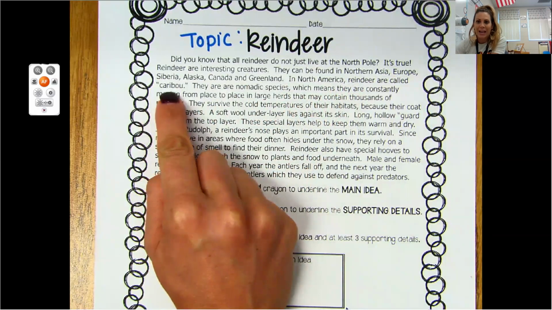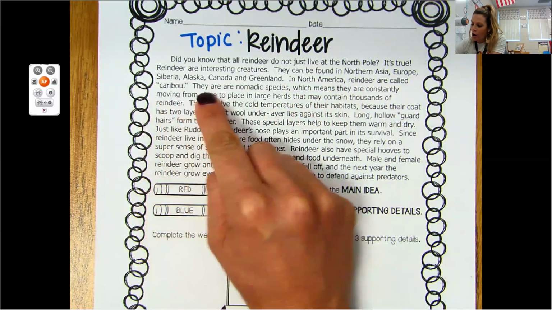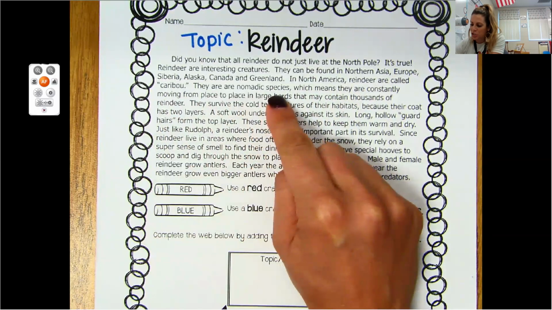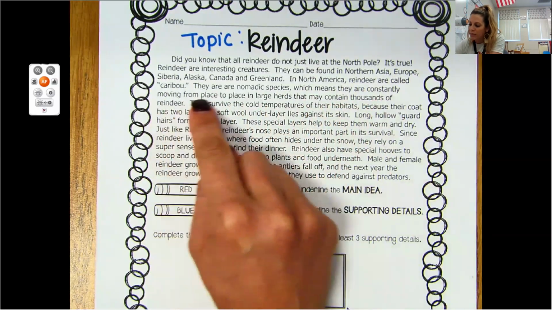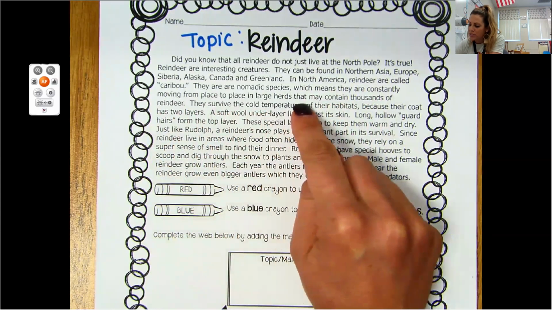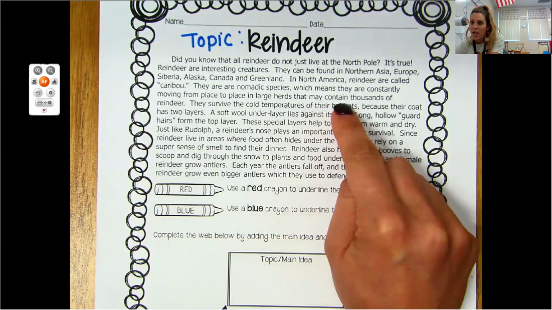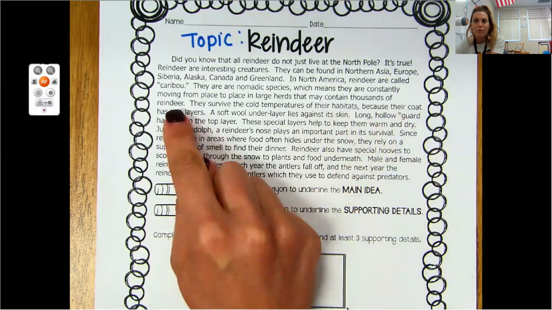Say that with me, caribou. They are a nomadic species, which means they are constantly moving from place to place in large herds that may contain thousands of reindeer. Could you imagine seeing a herd of 1,000 reindeer? Oh, that would be amazing.